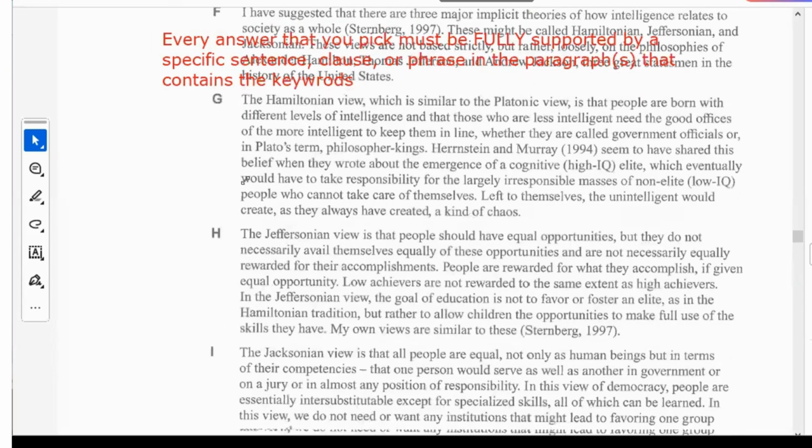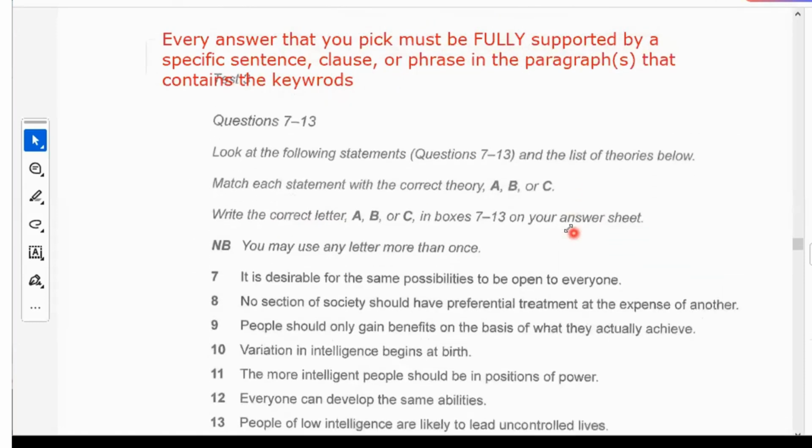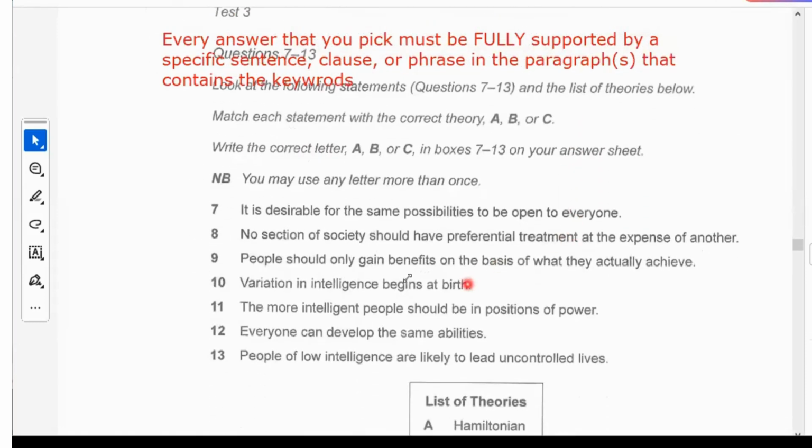Let's go to Jeffersonian. The Jeffersonian view is that people should have equal opportunities, but they do not necessarily avail themselves equally of these opportunities and are not necessarily equally rewarded for their accomplishment. People should have equal opportunities sounds like number 7: it is desirable for the same possibilities.